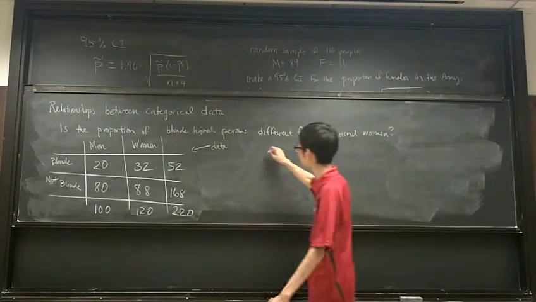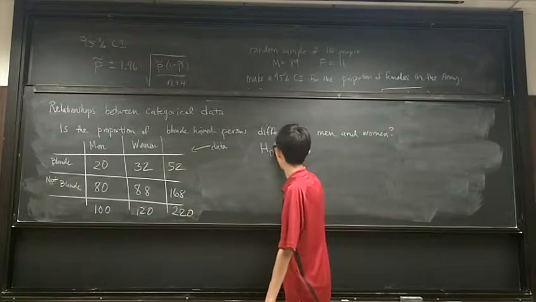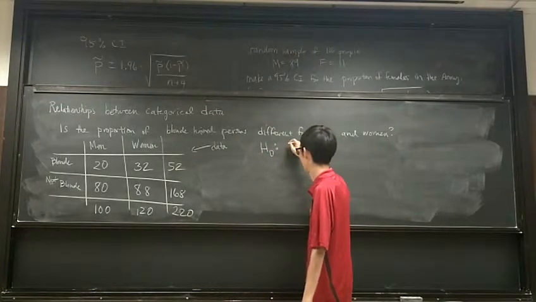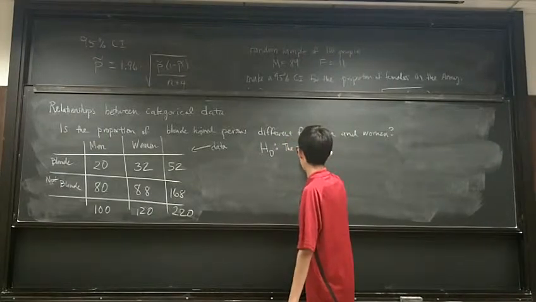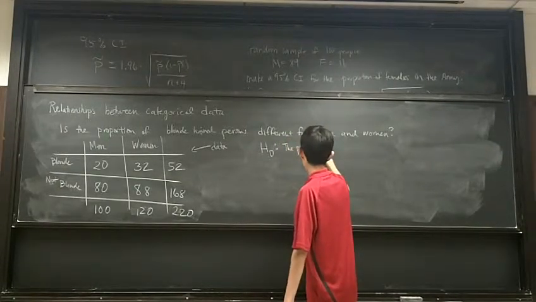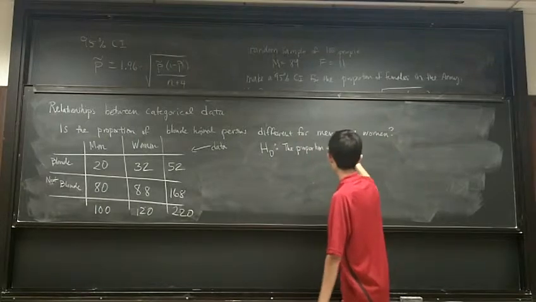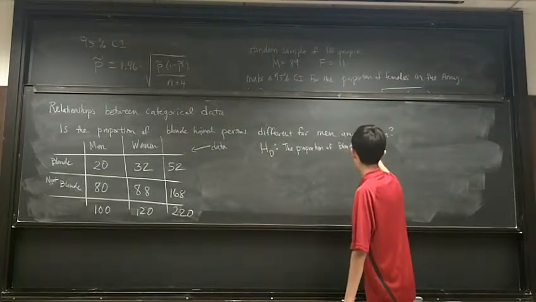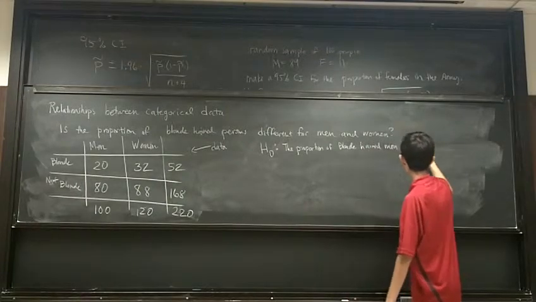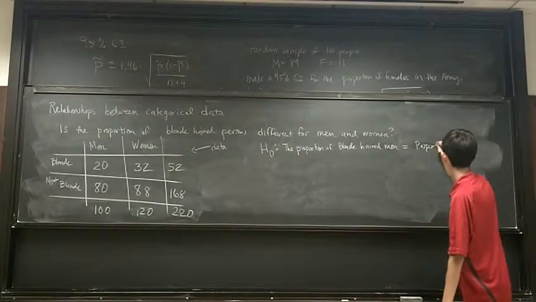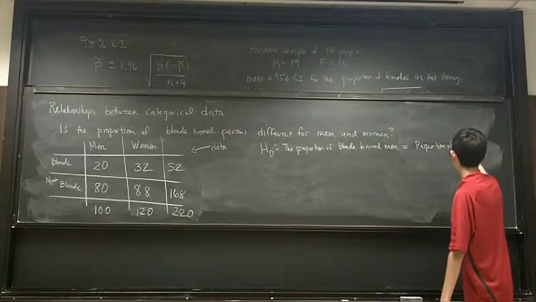So our null hypothesis would be that the proportion of blonde-haired men is equal to the proportion of blonde-haired women.